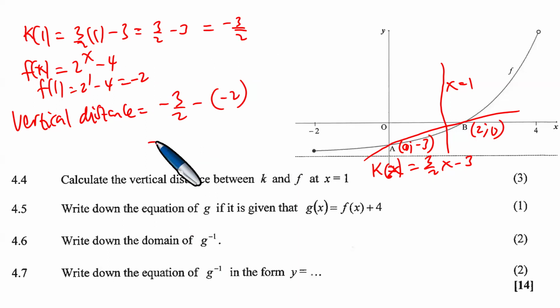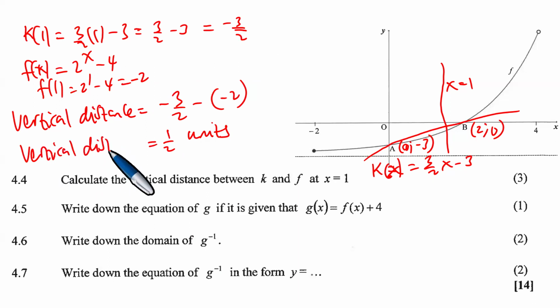This is 1/2 unit. So the vertical distance is 1/2 unit, and you can write it as 0.5 units. So we're done there.